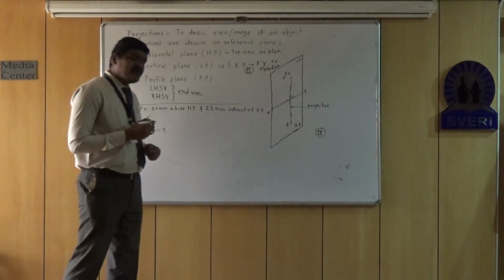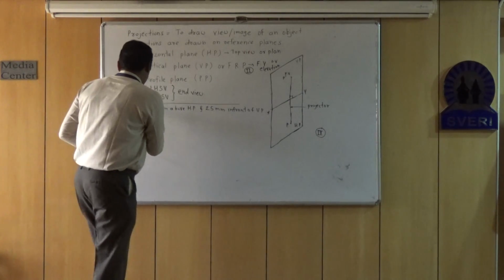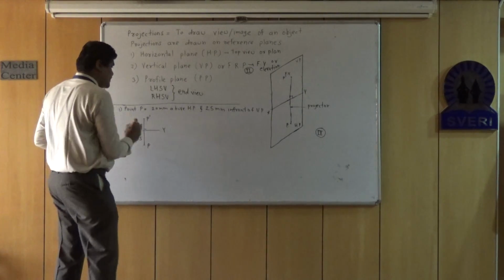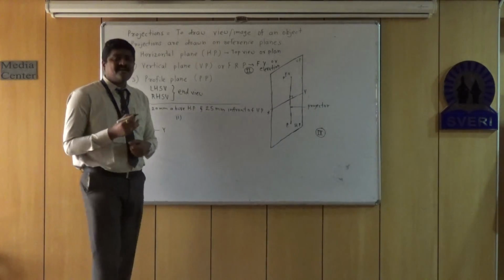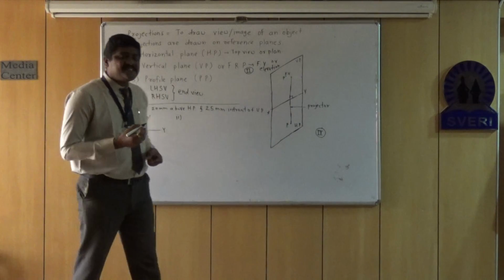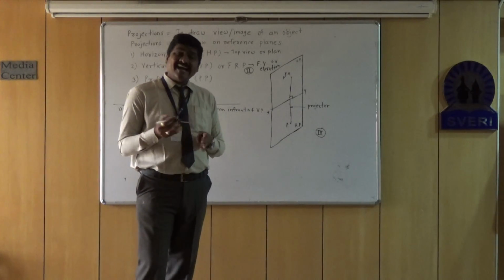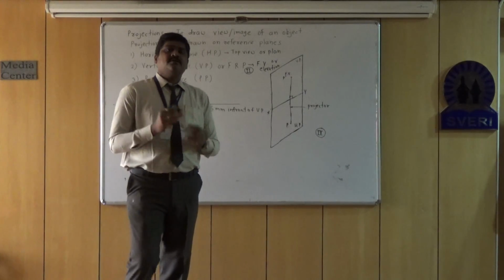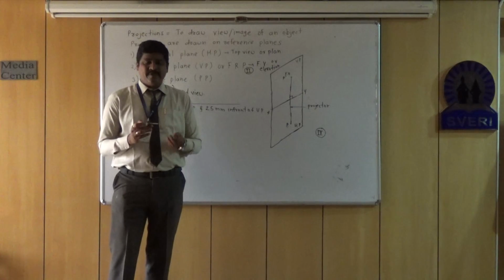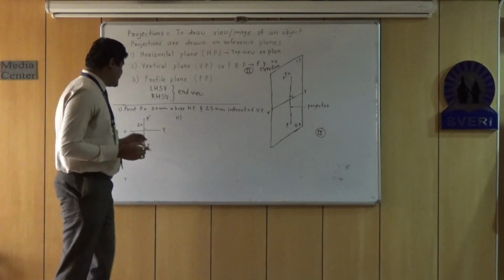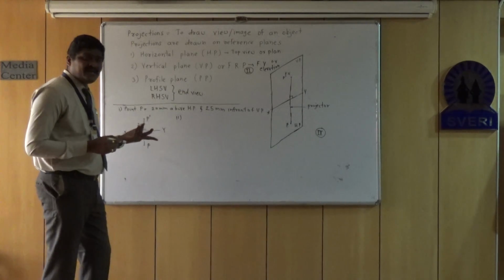Here, one more thing we can understand. This was the first point. Second point, if a point is situated in the first quadrant and in HP, so if the point is situated in HP, then its distance above XY or above HP will be 0.